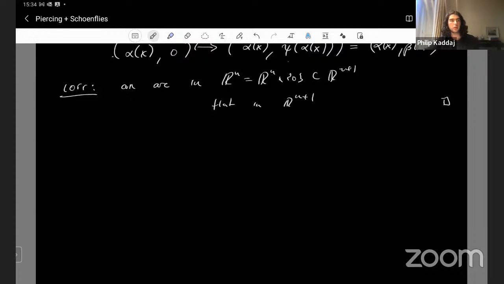So an arc on the Alexander sphere would satisfy such a criterion. But that arc lives in R3, so I guess we want some higher dimensional example. And I think the first person to do this modification was Blankenship.